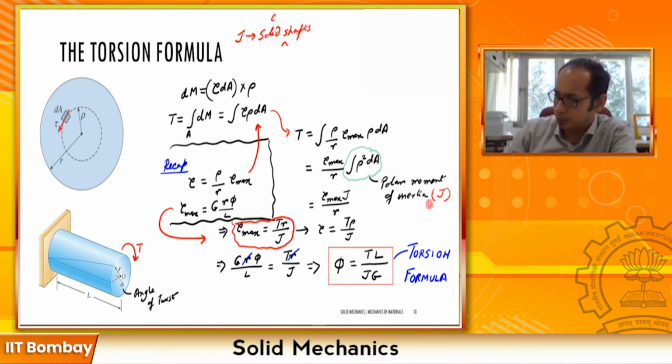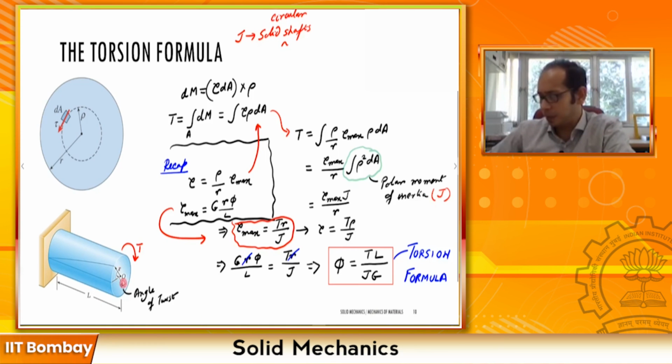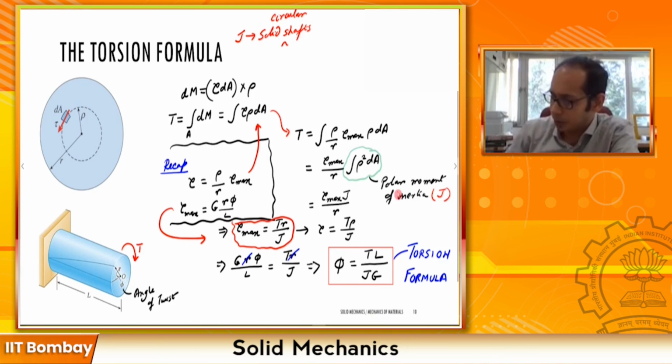Solid circular. If you have a solid circular shaft with a radius r, what is the value of J? The value of J is pi r raised to 4 divided by 2, right? Let me erase that here and put another marker. Yeah, pi r raised to 4 divided by 2.